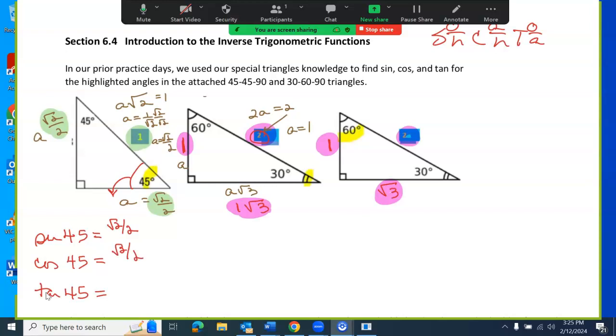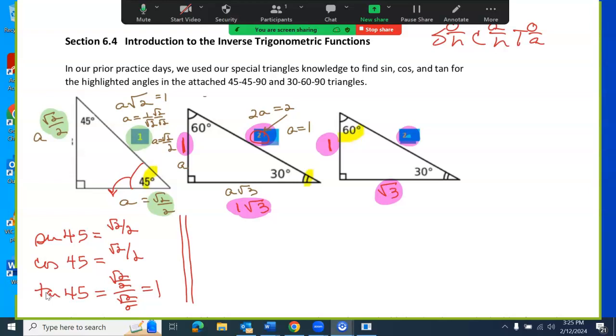So I'm just going to leave that be. Let me just make this a little clearer. That is root 2. Tan, from this angle's perspective, is opposite over adjacent, which is root 2 over 2 over root 2 over 2, which is just 1. So those are the 45 degree triangle sine, cosine, tan functions.